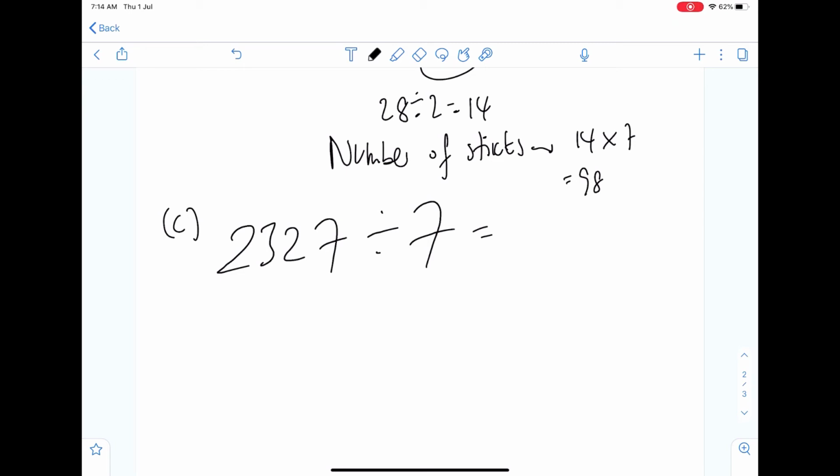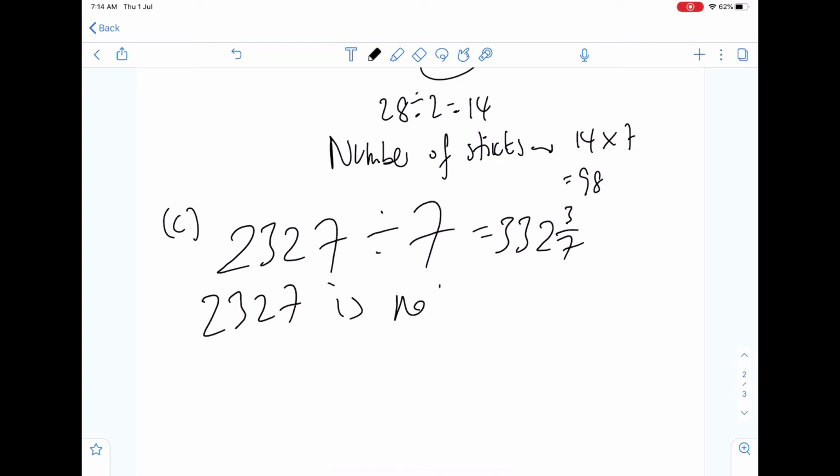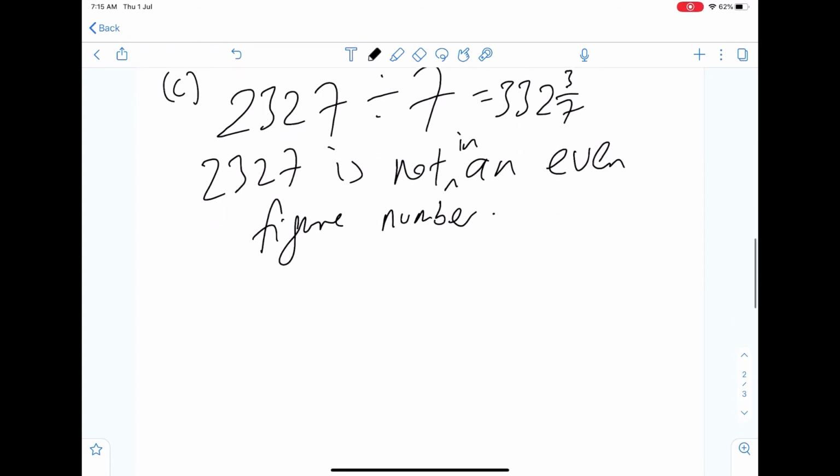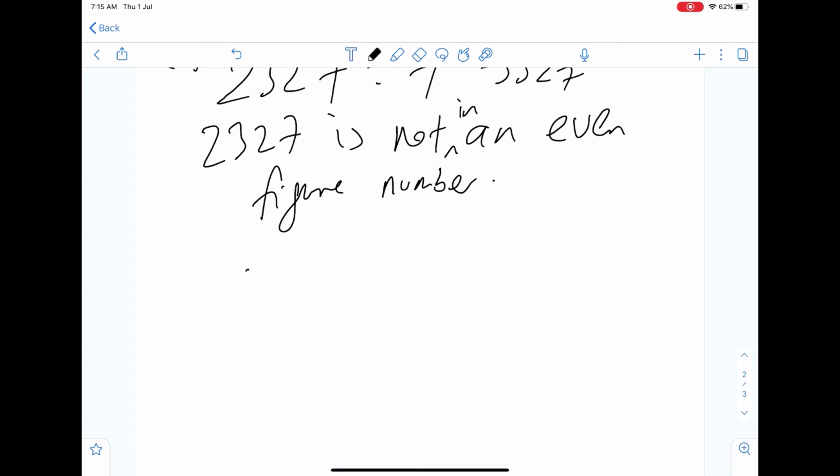Ooh, this is not. 2,327 is not an even figure number. So we know that this is an odd figure number.